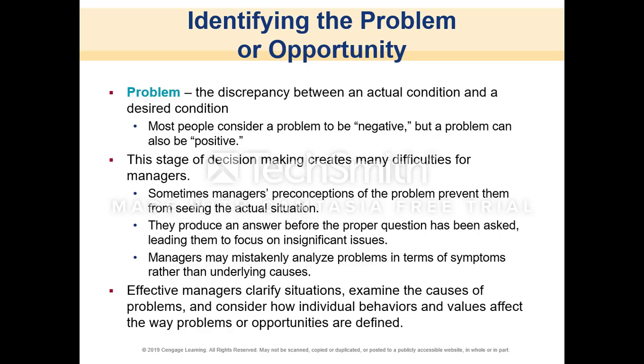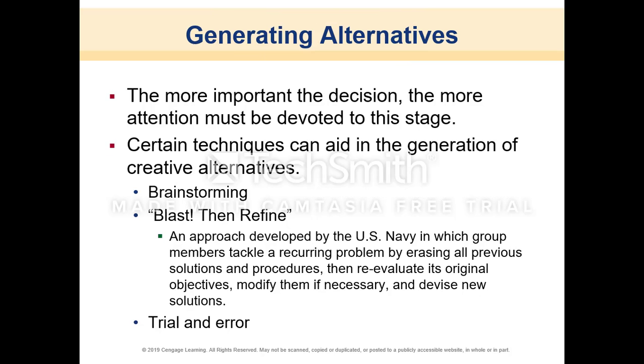First, we need to identify the problem or the opportunity. Next, we need to generate alternatives. There's different ways you can do this. Brainstorming, blast then refine. And that's a Navy approach where you just grab the first idea that comes to you and then start doing that and just alter that until it fits what you need.